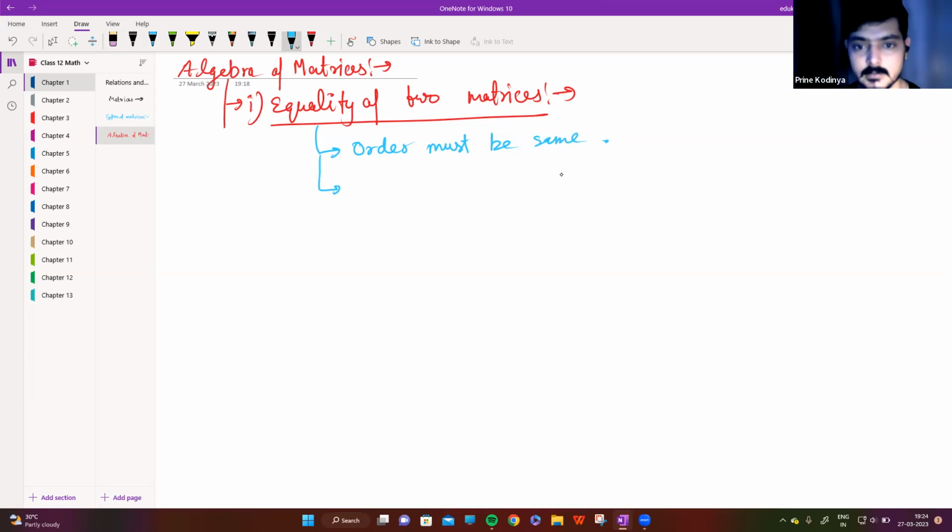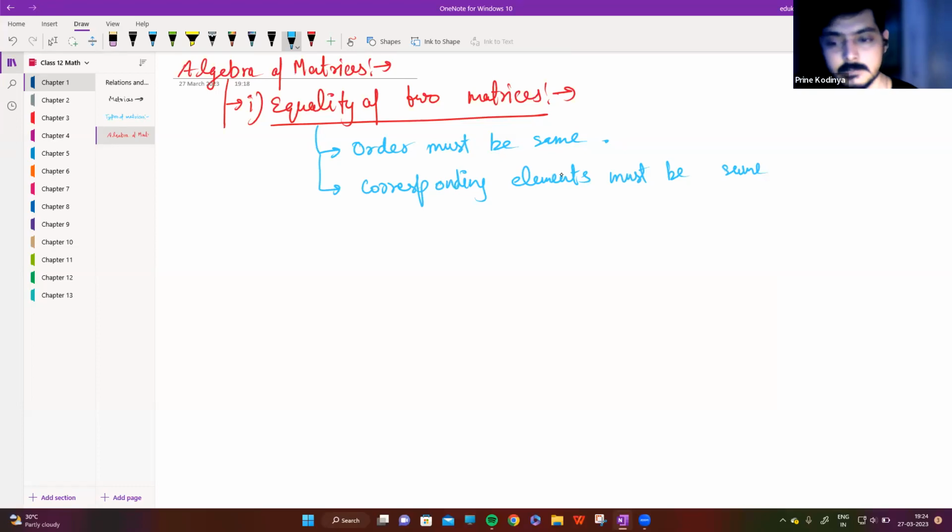And second, if the order is the same, then corresponding elements must be the same, meaning same position, same number.